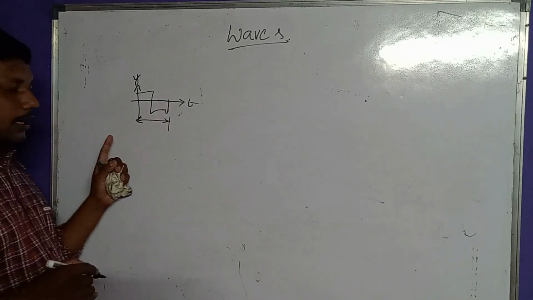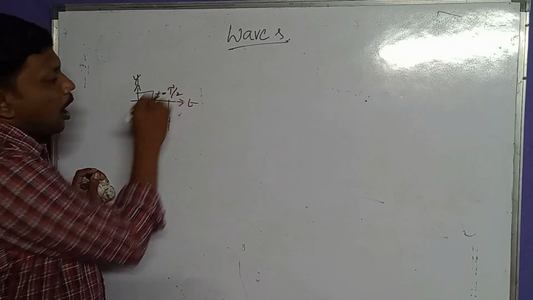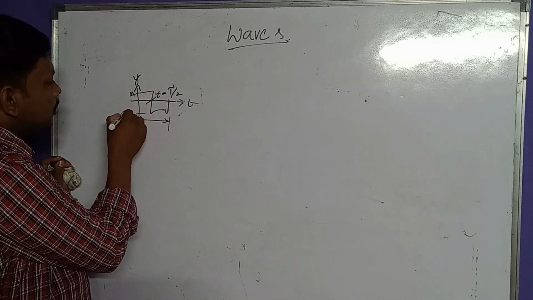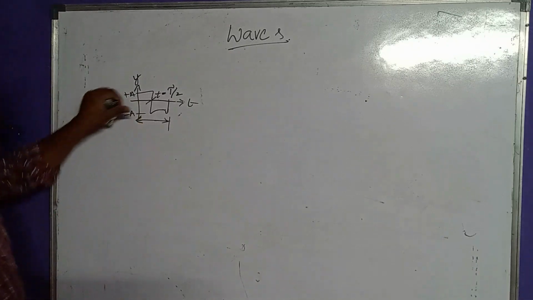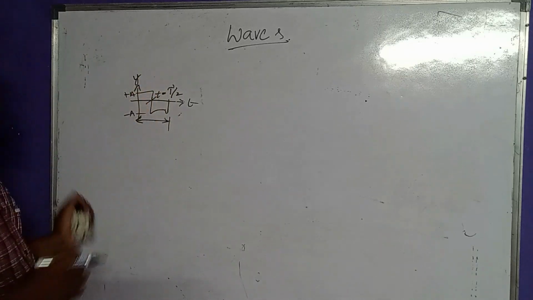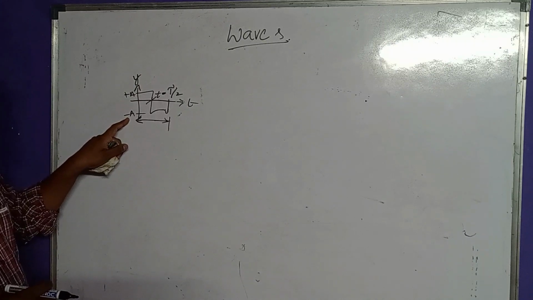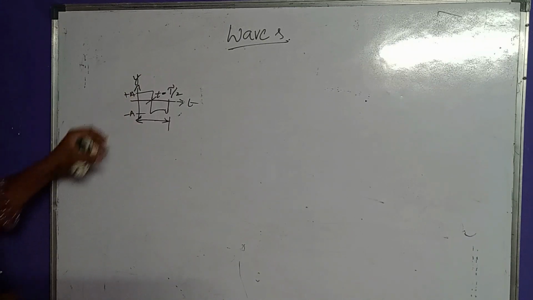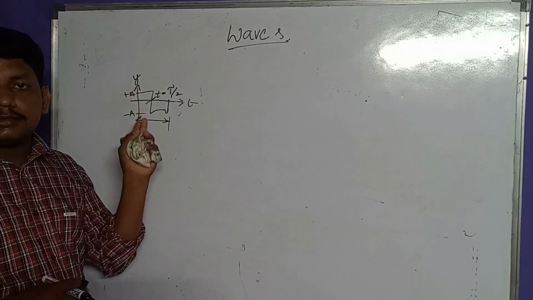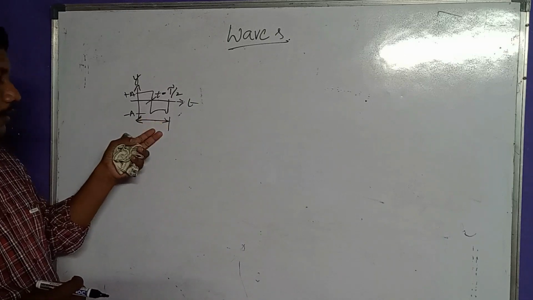If we consider a rectangular wave at time t equal to tau by 2, half of the time period, the amplitude changes from minus a to plus a within no time. That means the time interval is 0, but the amplitude is changing from positive a to negative a. In physical quantities, this is impossible. If the quantity has mass, there is no sudden change within no time, right? So this graph is not possible for analyzing a traveling wave.